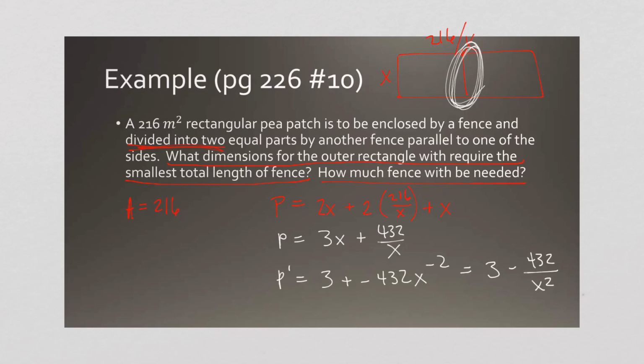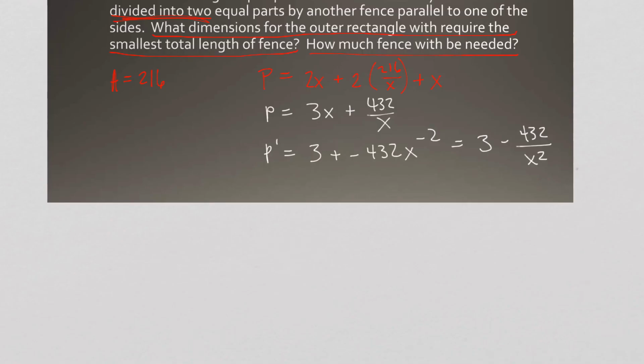Now I want to set this guy equal to 0. So I get 0 equals 3 minus 432 over x squared. Move my 3 to the other side. Multiply both sides by x squared. Divide by negative 3.